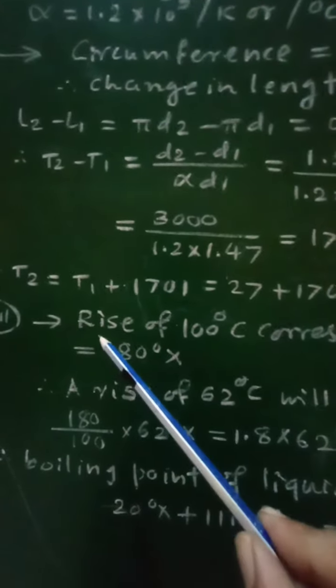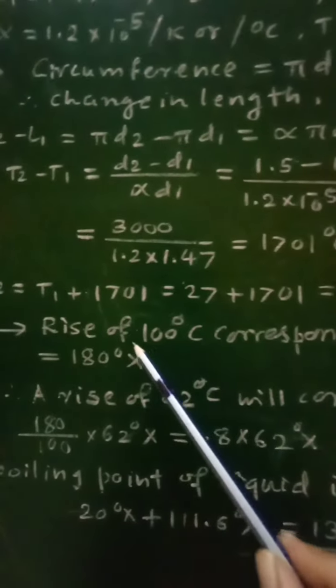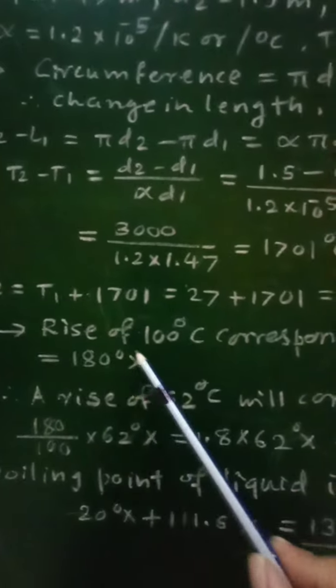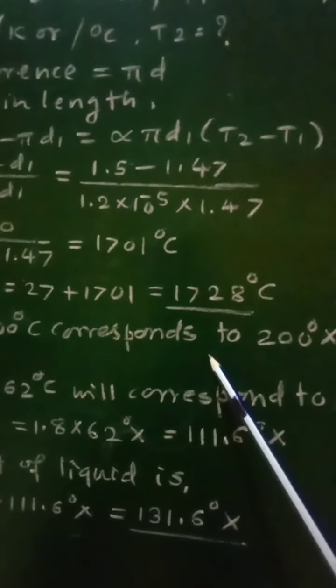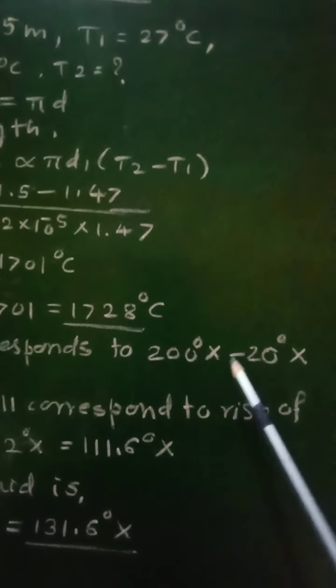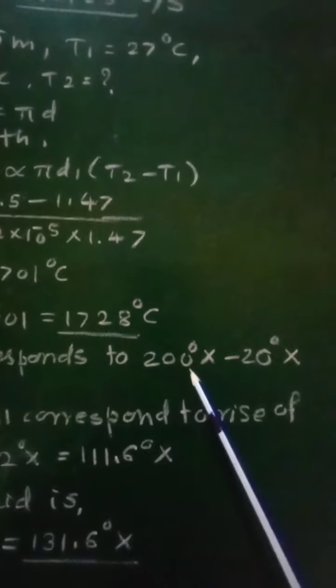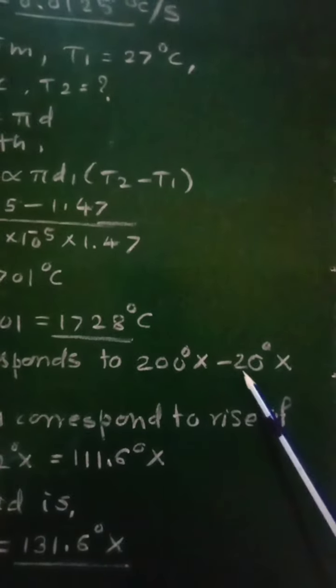Therefore we can directly solve it as: a rise of 100 degrees Celsius, that is the boiling point of water, corresponds to 200 degree X minus 20 degree X, because this is the boiling point and this is the freezing point.